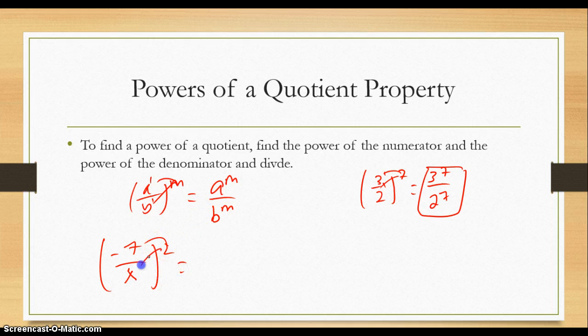Well, distribute this to each of those, so we got (-7) squared over x squared, and we know (-7) squared is 49 over x squared.